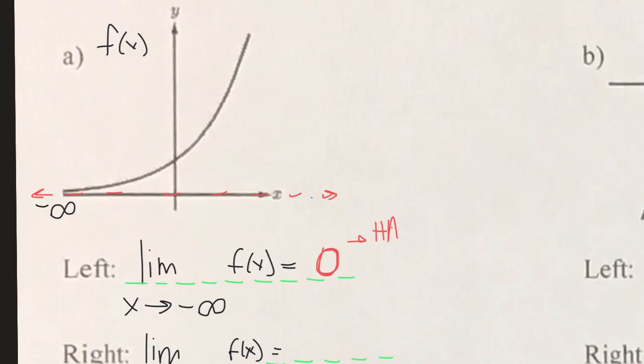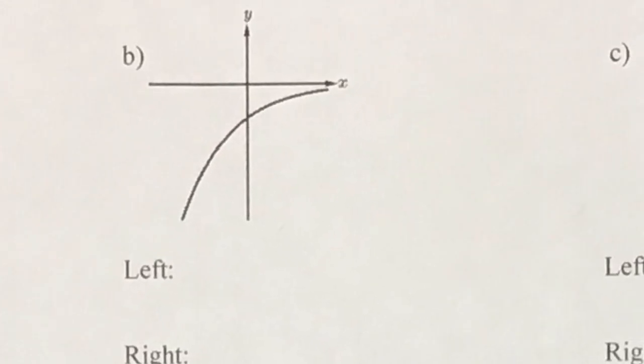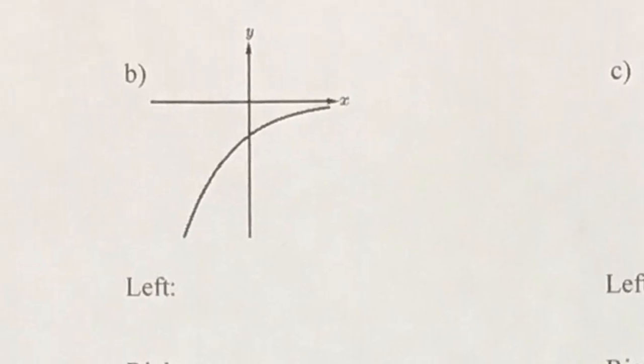Okay, so to the right side of our graph, as x approaches infinity, where are our y values going? Up to positive infinity. Right, so our answers for an exponential limit are either going to be a horizontal asymptote or it's going to be an infinity, either up to positive or down to negative. Okay? So here we have another example. Let's write our limit statements for the left and the right side.